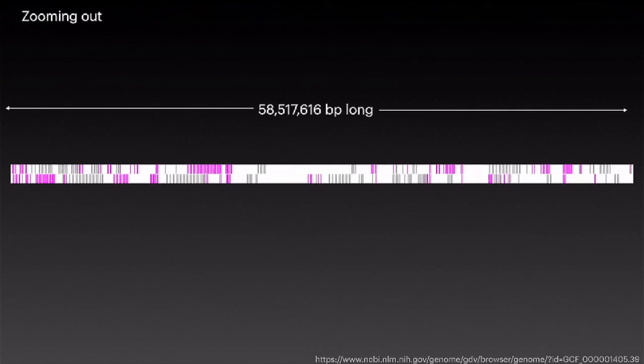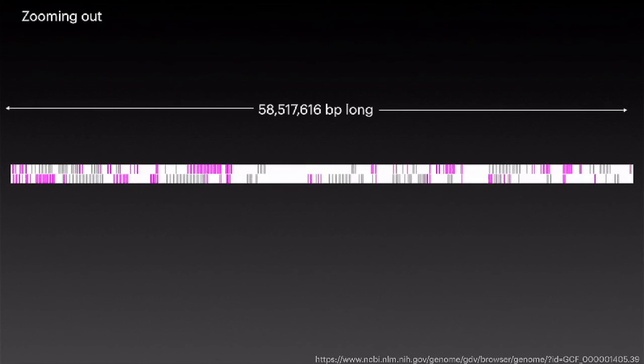Okay, what's next? All right, so if we zoom out further, this is just my cartoon depiction. If we zoom all the way back out to that entire 58 million base pair long molecule of DNA, remember I told you that is one single molecule of DNA.